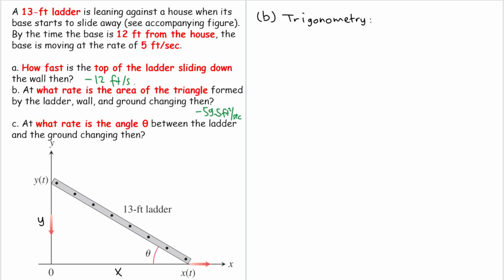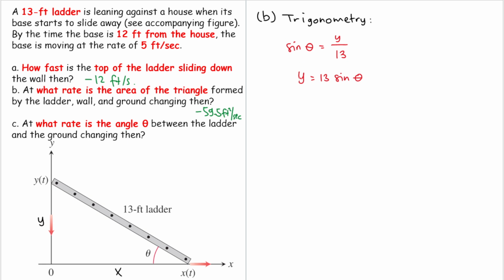I think I will use sine of theta. Sine of theta is the opposite divided by the hypotenuse. So I will have y over 13, or we can have y equal to 13 sine of theta.